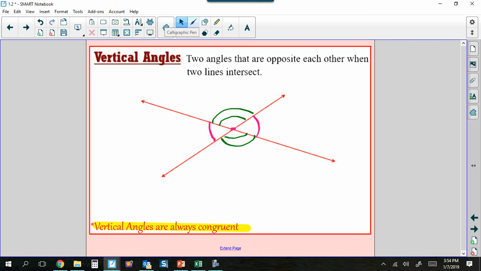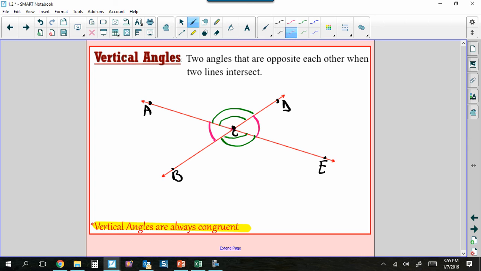Now, what I would like to see you doing from every lesson from here forward is every time you see a set of vertical angles, whether it's relevant to the problem or not, I would like to see you always mark them. So, to see the vertical angles, just know that when you have vertical angles, they will make an upside down and a right side up letter V. They could also make a V laying on its side to the right and a V laying on its side to the left.